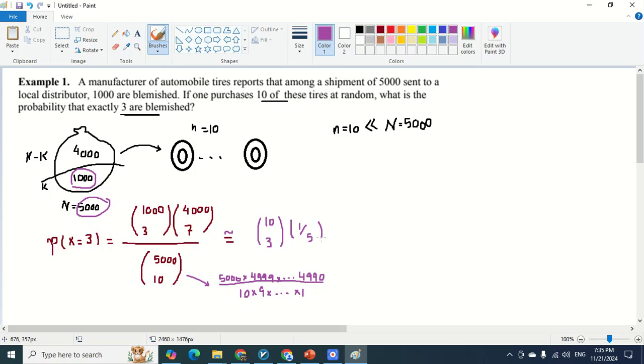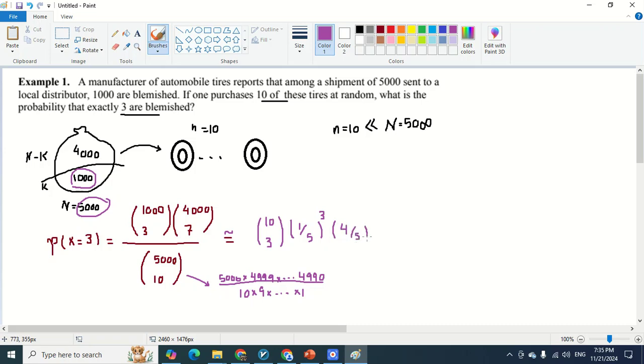We can assume that it's 1/5 for all. It's the same as replacing them back and drawing again. So it's 1/5 to the power of 3 and 4/5 to the power of 7.